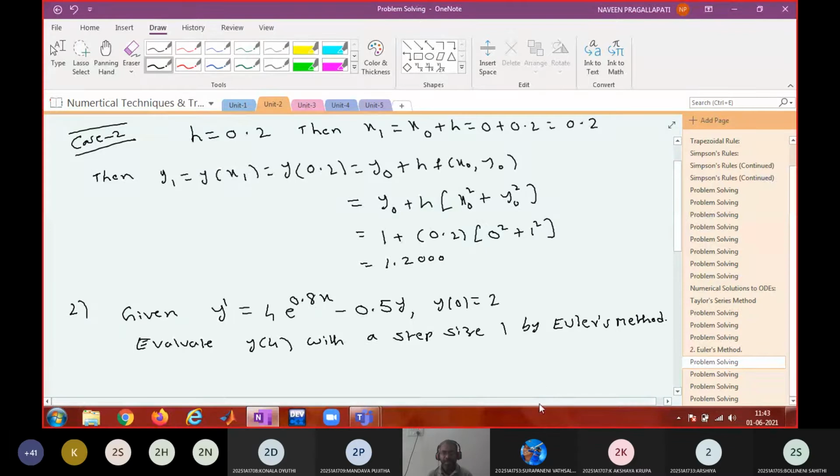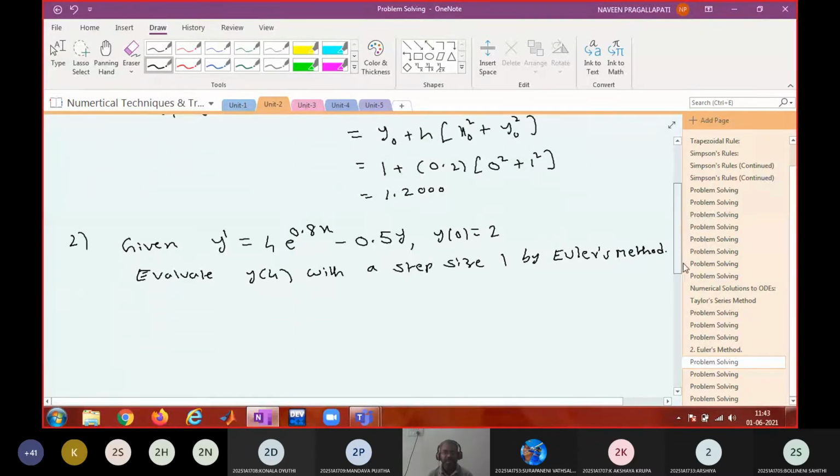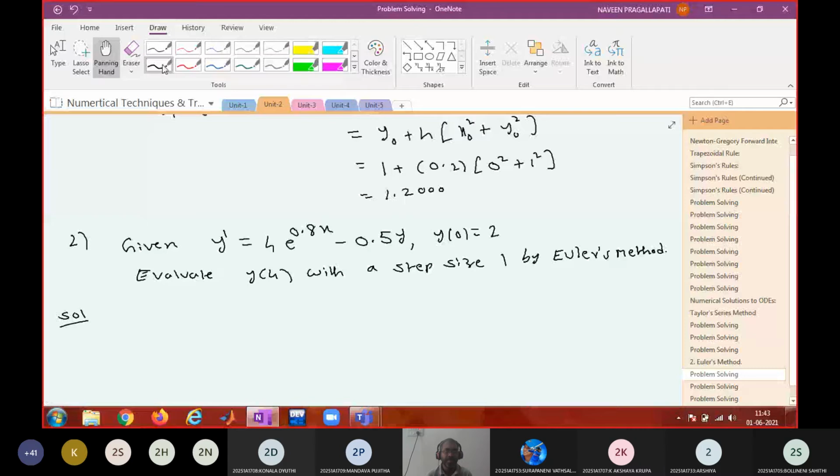That means how many steps it will involve? What do you mean by step size here? H. So how can you obtain y of 4? In how many stages you can get y of 4? 4, sir. 4 stages: y1, y2, y3, y4.